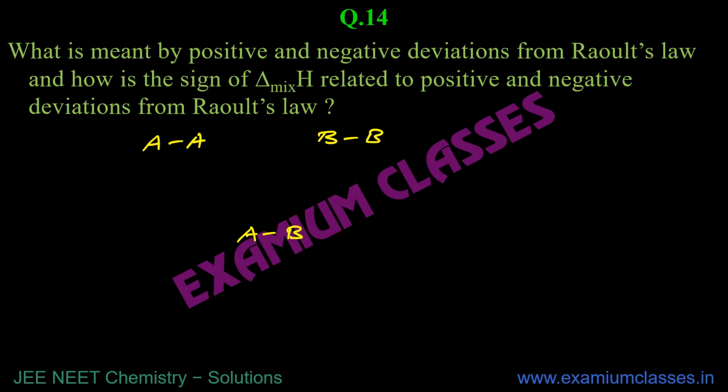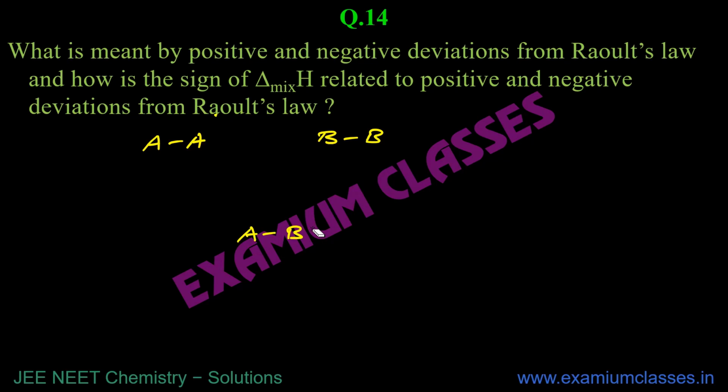When we say it is a positive deviation, then the vapor pressure which will result will always be greater than the vapor pressure in the normal case. So whatever were the vapor pressures here, the vapor pressure here will be greater.